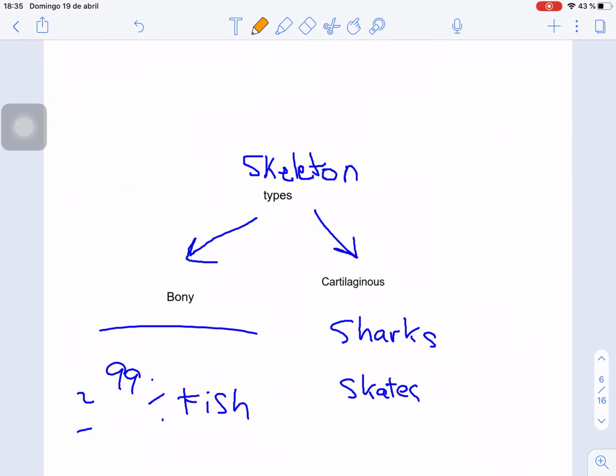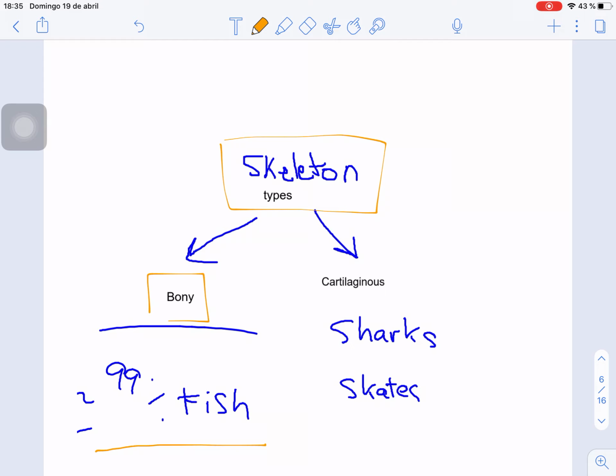The classification of the fish depends on the type of skeleton. So there are two types of skeletons. 99% of the fish are bony, with a skeleton with bones, similar to us.